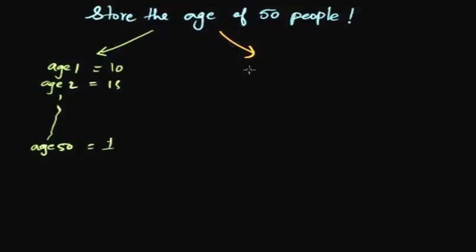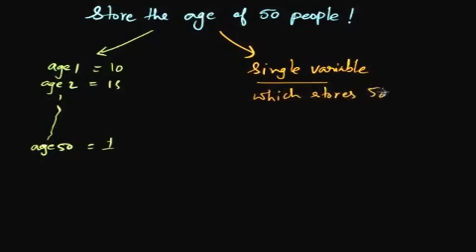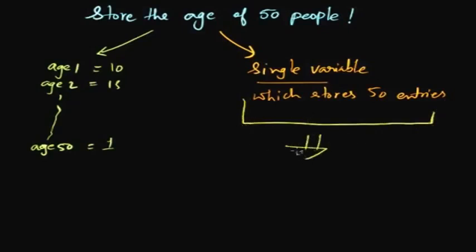So another way of doing this would be to use a single variable. A single variable which stores 50 values, right? Which stores 50 entries. And this single variable which stores multiple entries or multiple values is nothing but an array.